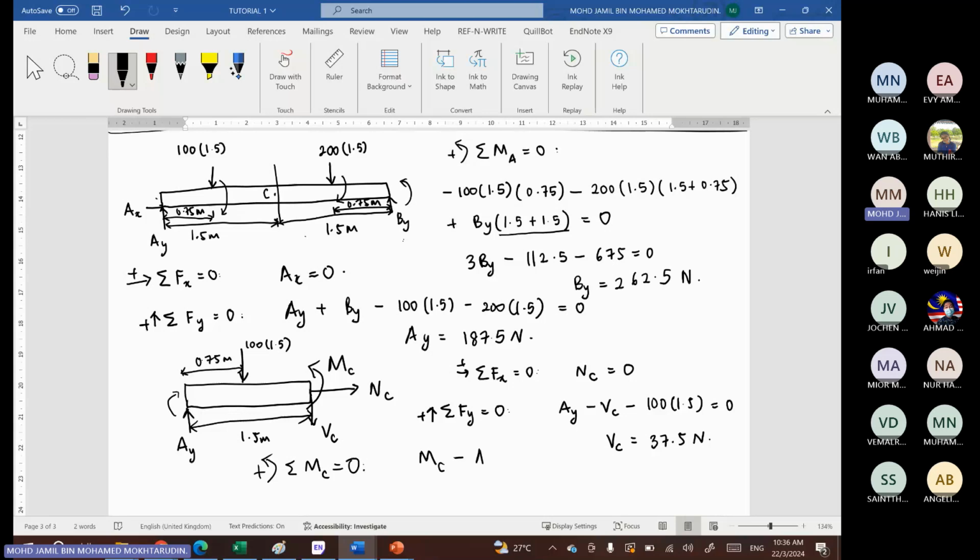So minus AY times 1.5. And then we have 100 times 1.5 times 0.75, and this will act in counterclockwise.